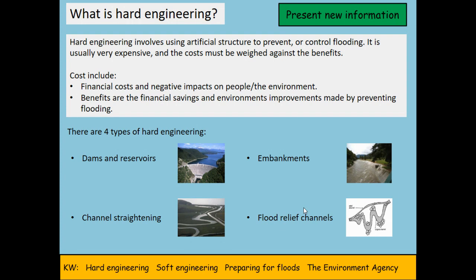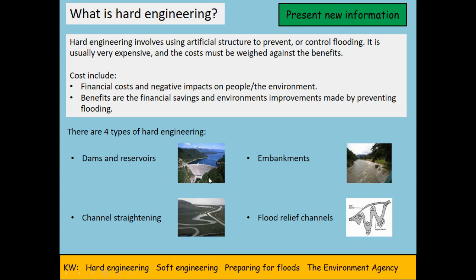So you are almost stopping the flooding from happening. They're usually expensive. It's the same with the coasts, with the sea walls and the riprap and stuff like that, the rock armour. It's usually quite expensive.